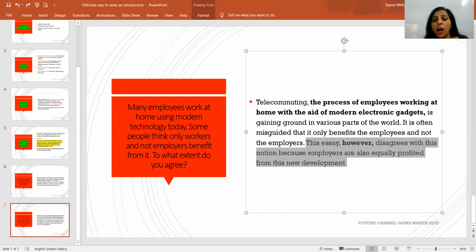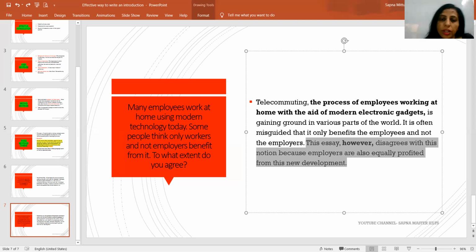So "this essay, however, disagrees with this notion" because I have to give a reason for the other side also. You are giving a partial reason here, and for that, the examiner will come to know that you have two opinions about it and what you're going to write. "This essay, however, disagrees with this notion because employers..." Now you have given another end to the question also, right?